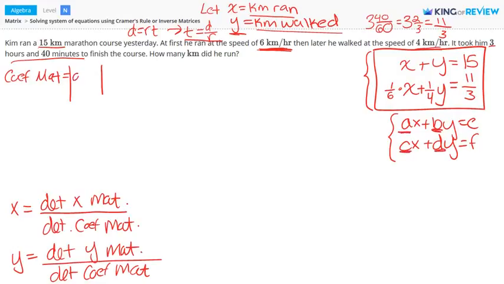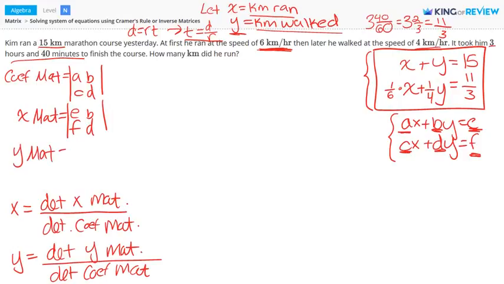So A, B, C, and D. The x matrix, the entries in this, we'll start with E and F, and E and F you can see here are the constants of the two linear equations, and then we have B and D. And then the y matrix is equal to A, C, E, F. So this is the setup for the three matrices.